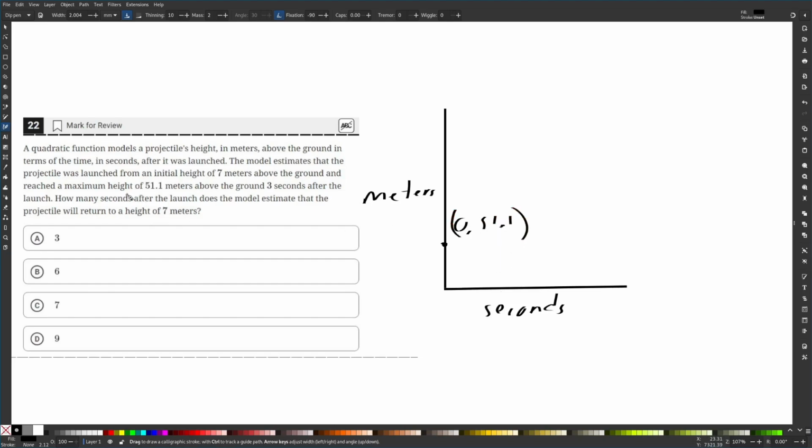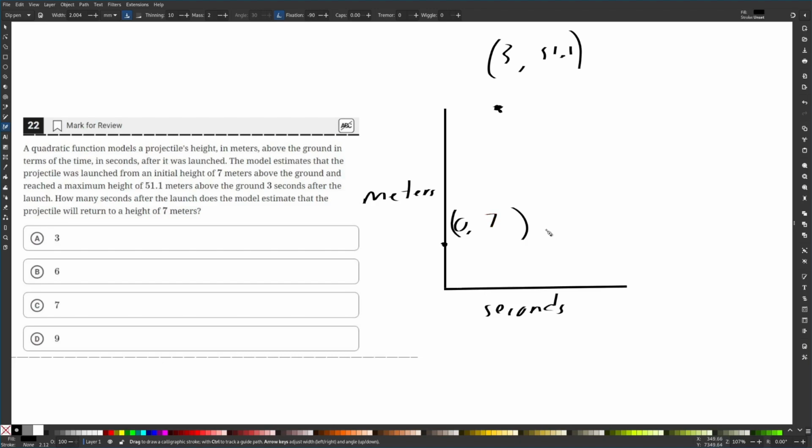Okay, our next point is a height of 51 meters above the ground, 3 seconds after launch. So (3, 51), sorry, I put the 51 here. Good. Okay. So we have the point here. Here should be 7 meters.